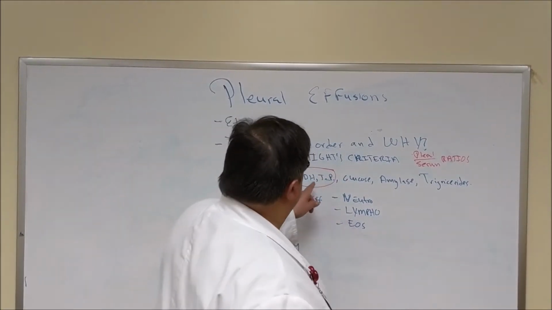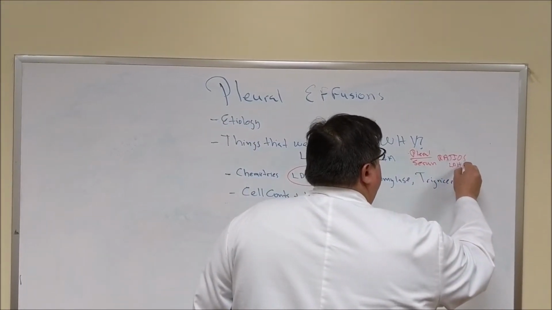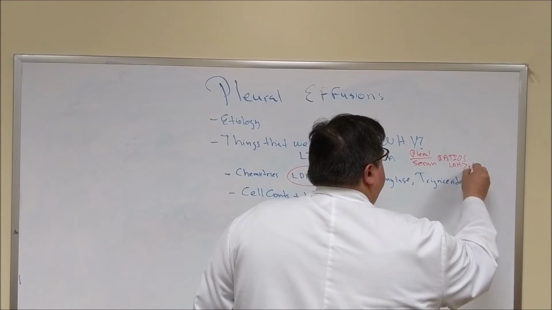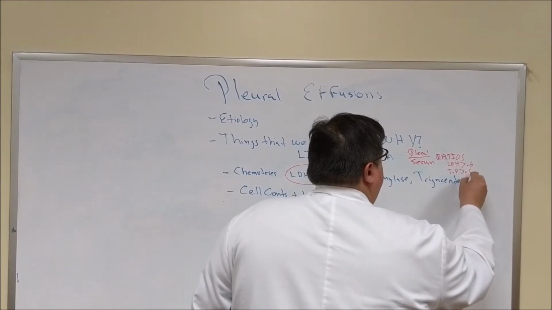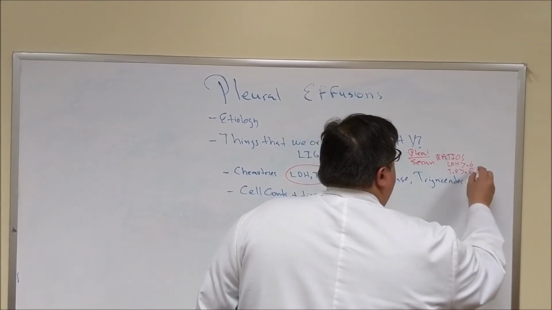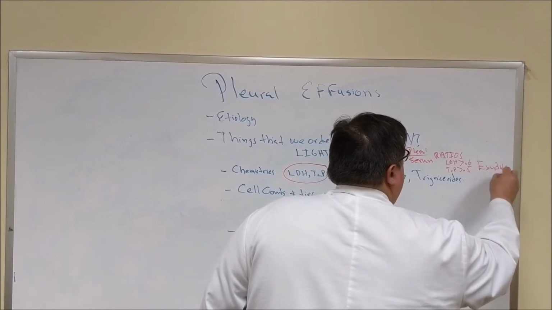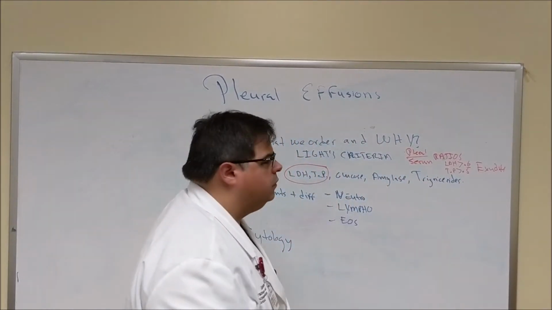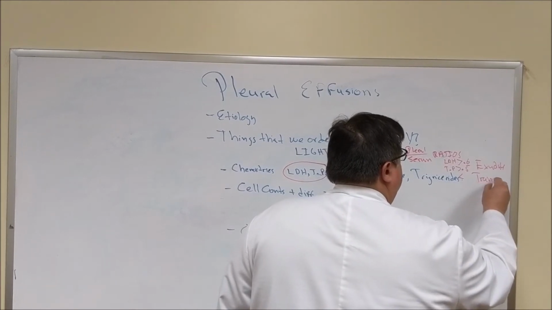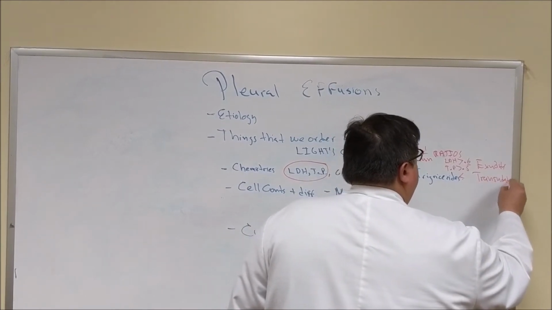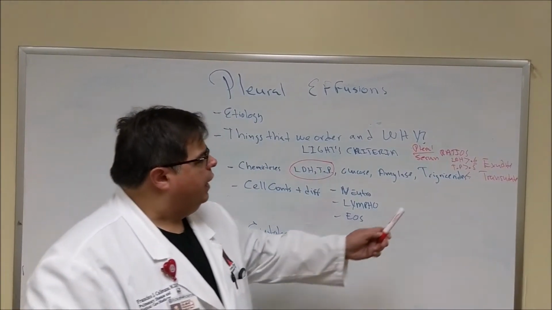An LDH ratio greater than 0.6 and a total protein ratio greater than 0.5 points towards an exudate. Less than that points towards a transudate. And this is the first stop, and probably the biggest and most important one.